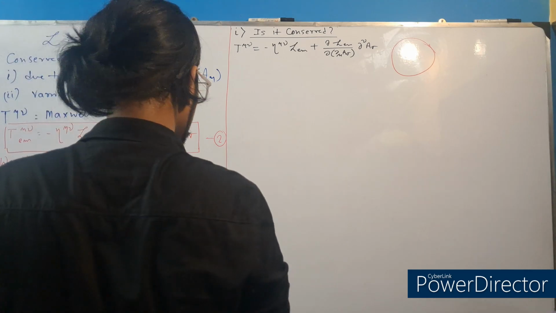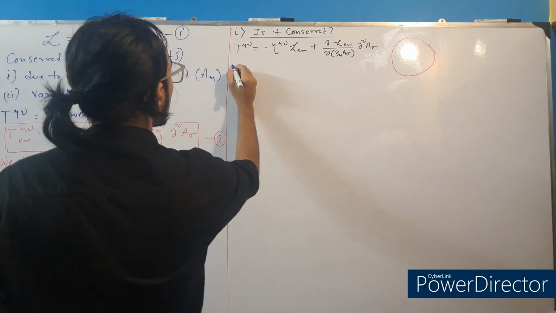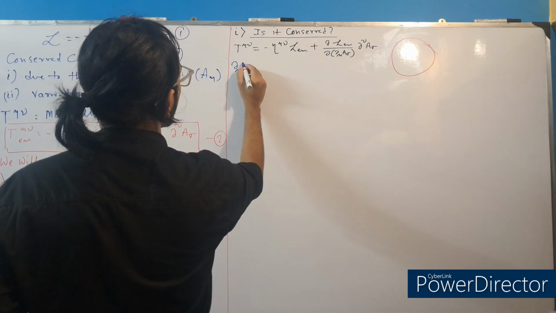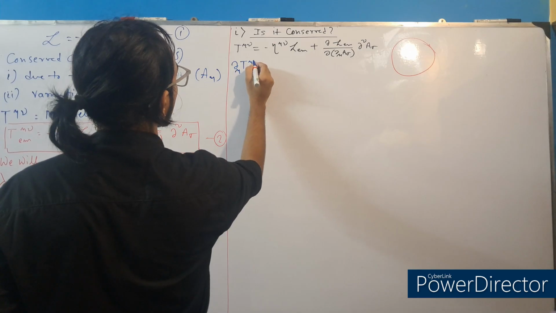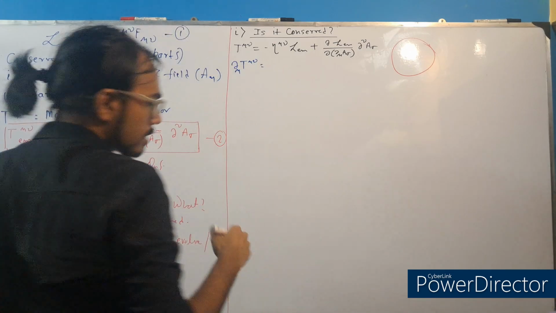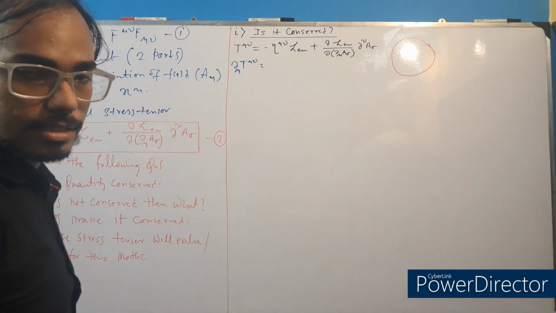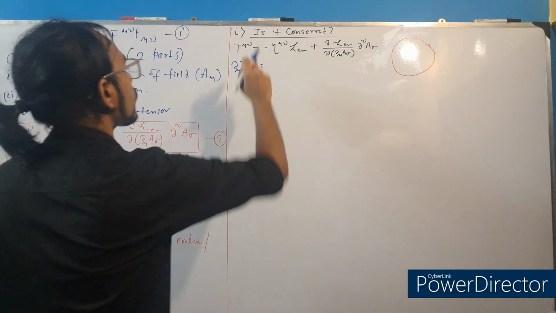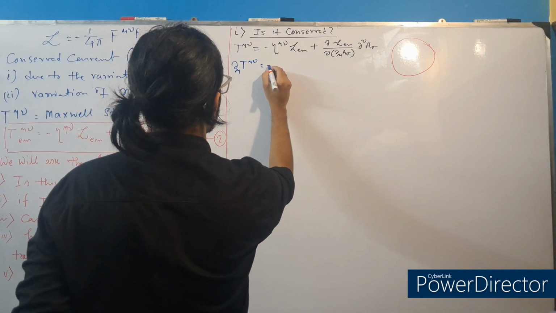Now again we can move. I want to take the derivative on both sides, because if something is conserved, then the derivative of that thing should give us a 0, and we will exploit that.